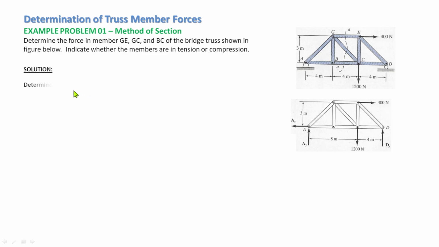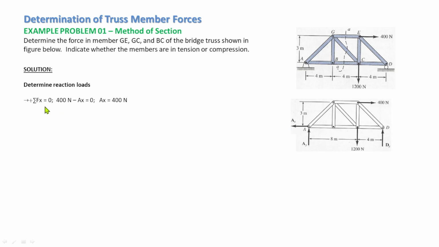So here in our solution, determine the reactions. To determine the reactions, we have the free body diagram here. We will sum up forces along the x-axis, which means we have the horizontal force applied here to the right, and we also have the reaction at Ax.